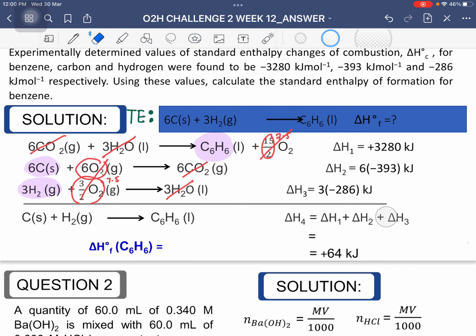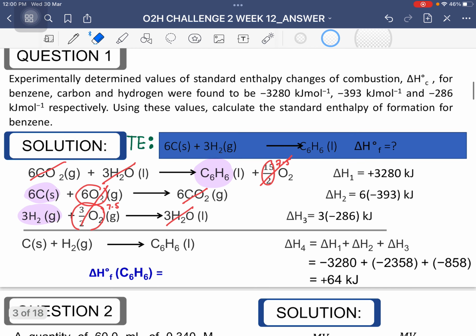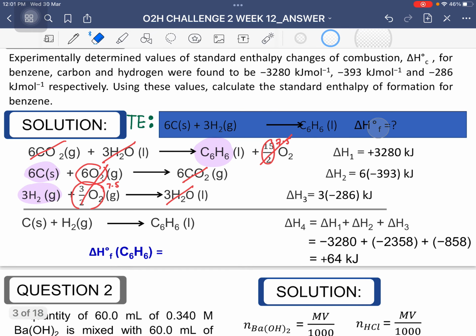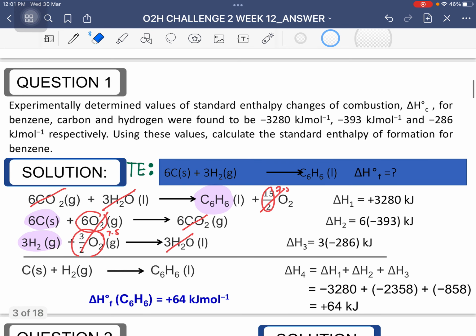Therefore, we get delta H1 to 3 equal to this, which is 64 kilojoules. So the enthalpy of formation we want to find here is the enthalpy of formation of benzene. Therefore, the enthalpy of formation of benzene is positive 64 kilojoules per mole.